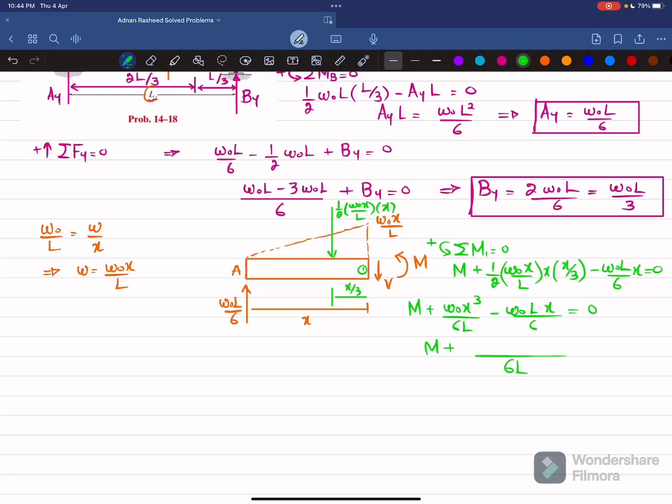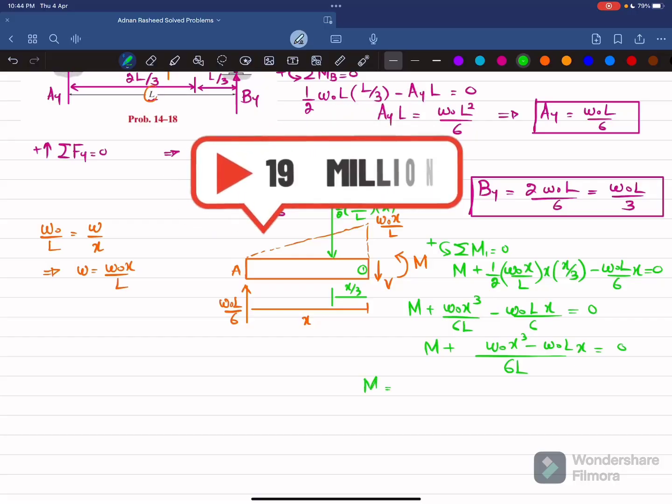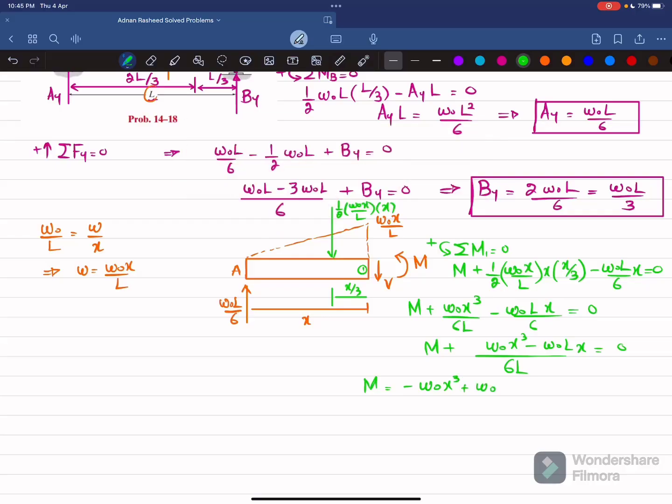So this is 6L, and that will give you W naught x cube minus W naught L x is equal to 0. So this moment will become equal to minus W naught x cube plus W naught L x over 6L.